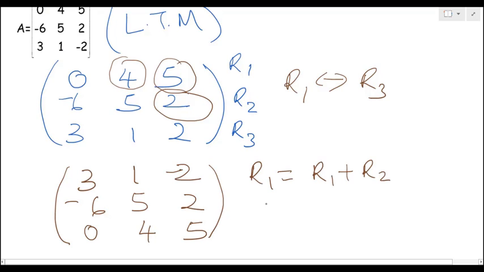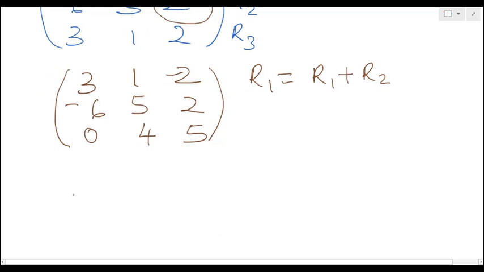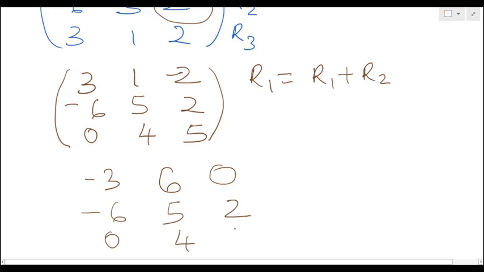Row 2 and row 3, we first of all retain them. And if we do so, 3 plus minus 6 is equal to minus 3. 1 plus 5 is equal to 6. That gives me a 0. Then we have minus 6, 5, 2, then 0, 4, and 5. Now the next step is we want to make these two to be 0, and we can only do so by doing the following.